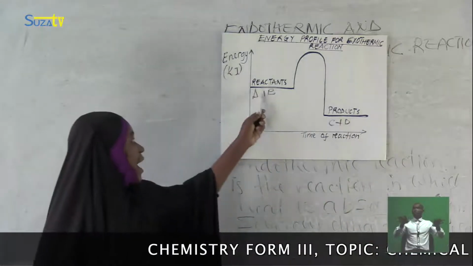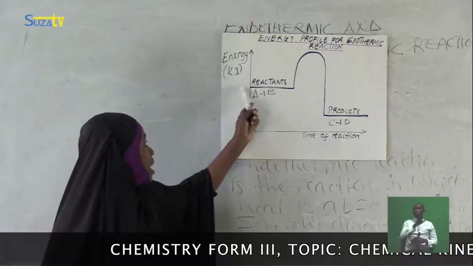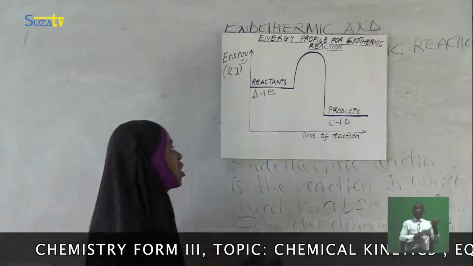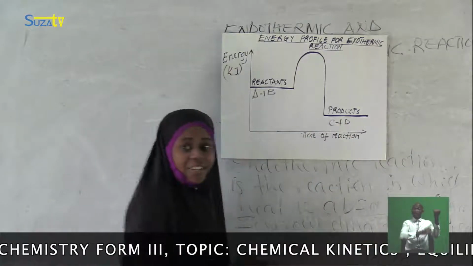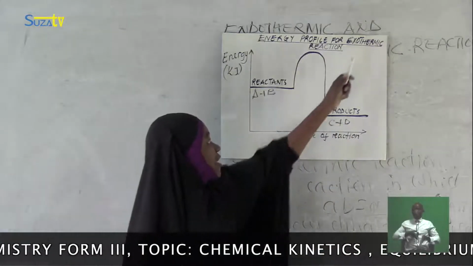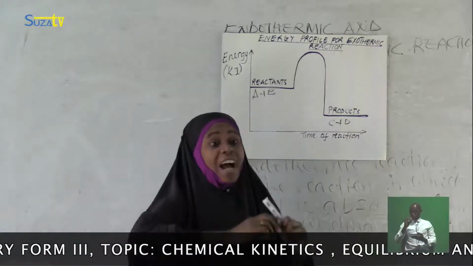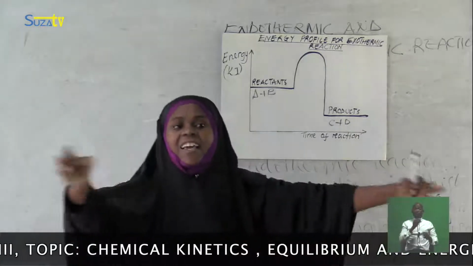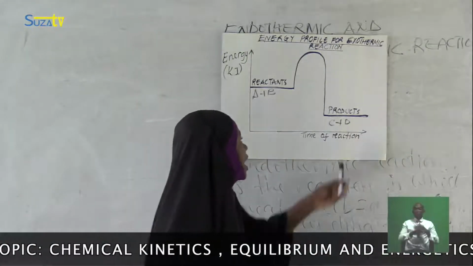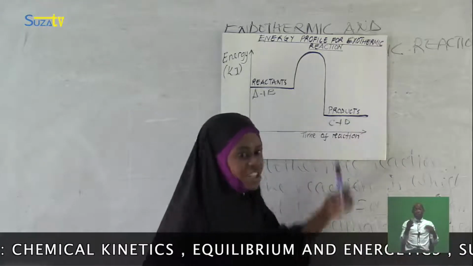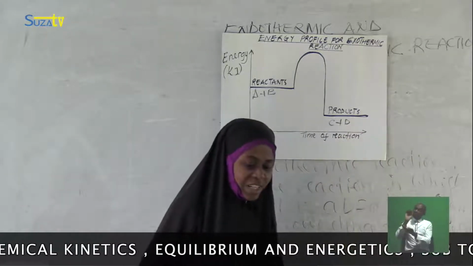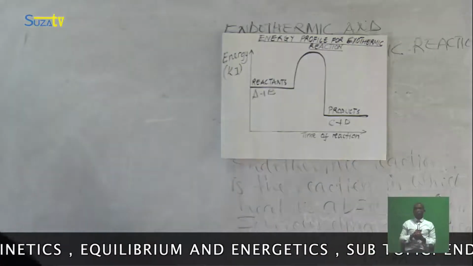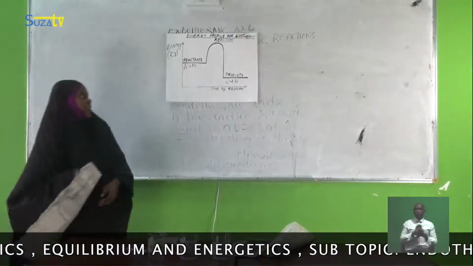Before, A and B had this amount of energy, but after the reaction, some of the energy is within C and D, our products, and because our reaction is exothermic, the other energy, in the form of heat, is released to the surrounding. That's why we have much less energy here. Thank you very much, my dear students. So let us see another energy profile.